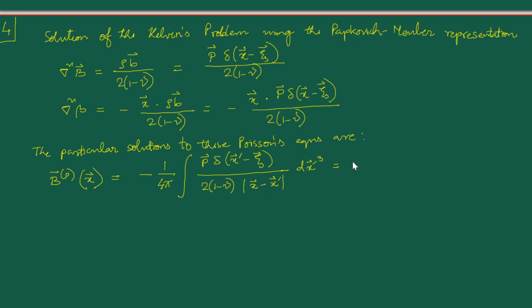Let me write that down. So this is 8 pi 1 minus nu, and I have within my integration Dirac delta x dash minus xi vector divided by this thing.